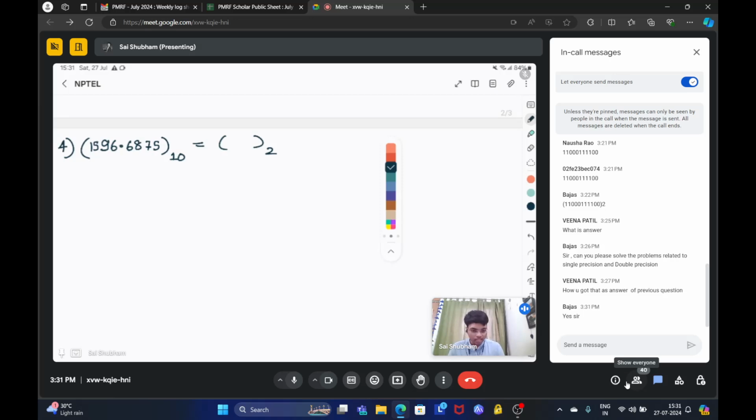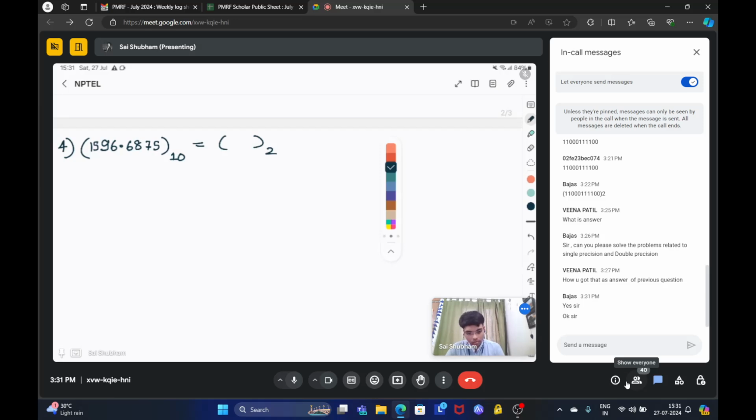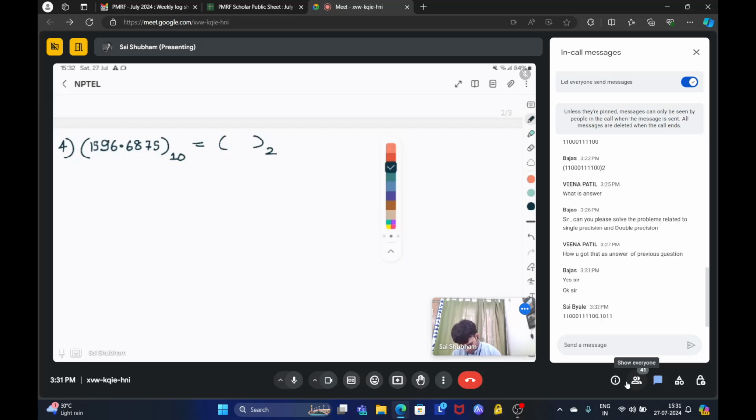I think initially we will cover the basic number system, then we will move to floating point. So I will give 2 more minutes.